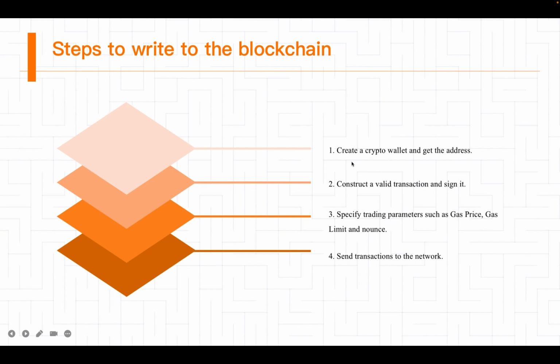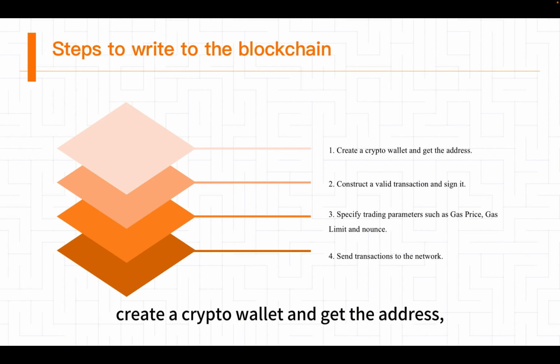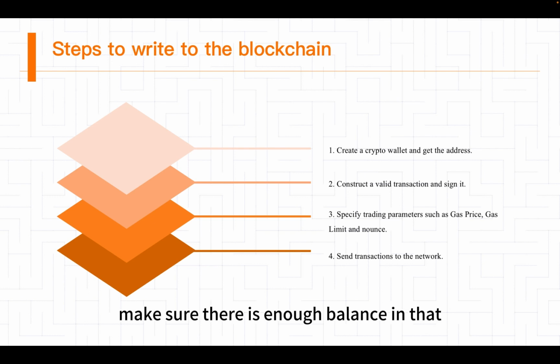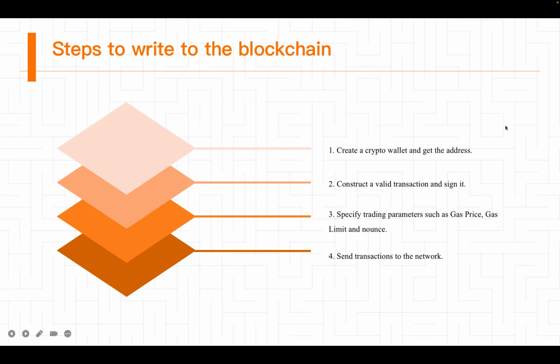First step, create a crypto wallet and get the address. This is usually done using the Ethereum network and can be done through many different wallet programs or hardware wallets. After creating the wallet and address, make sure there is enough balance in that address to pay the gas fee.